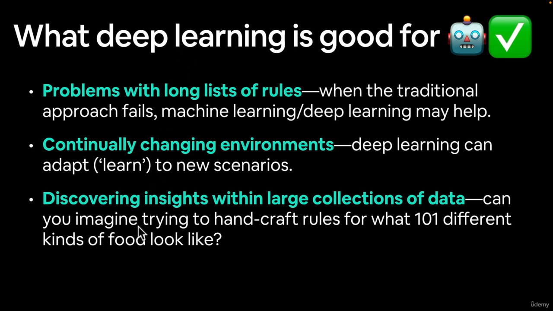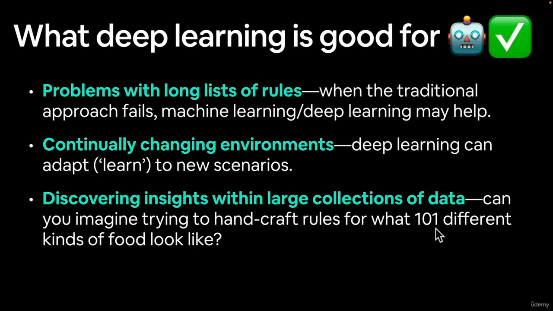So let's give an example. One of my favorites is the Food 101 dataset, which you can search for online, which is images of 101 different kinds of foods. Now, we briefly looked at what a rule list might look like for cooking your grandmother's famous Sicilian roast chicken dish. But can you imagine if you wanted to build an app that could take photos of different food, how long your list of rules would be to differentiate 101 different foods?